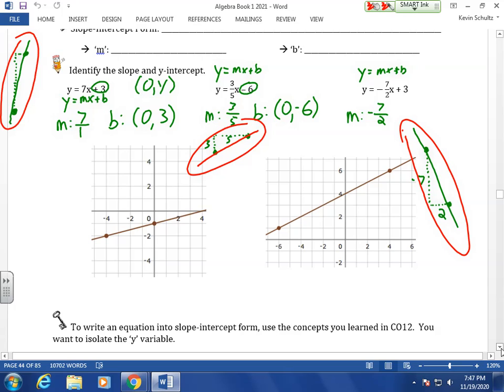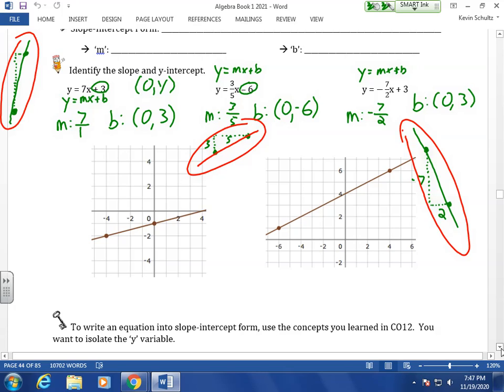So all of these clues from this equation give you information about the line. Then the y-intercept, that b value, +3. So it's going to be crossing the y-axis at (0, 3). Whew, take a deep breath, let you absorb that. Okay? That's what slope-intercept form tells us.